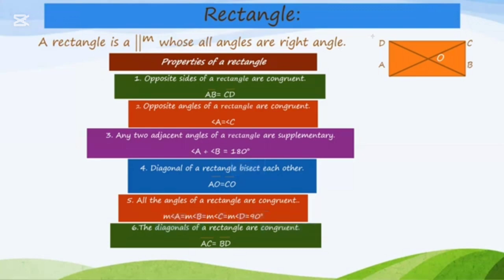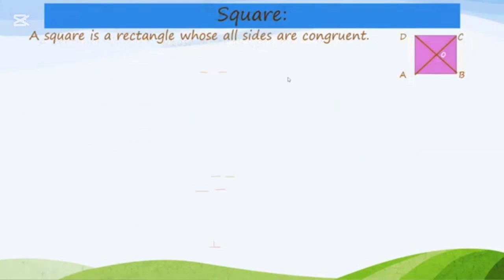Clear, everybody? So, students, after rectangle, we are going to discuss the next quadrilateral, that is a square. So what is a square? A square is a rectangle whose all sides are congruent.